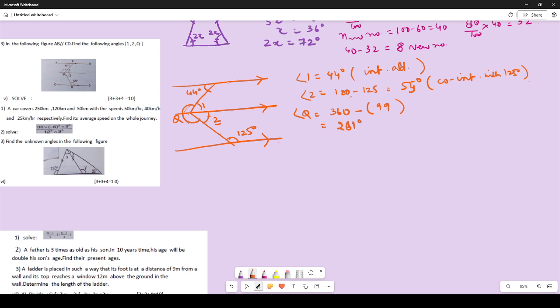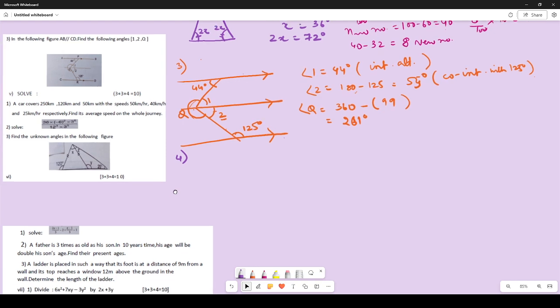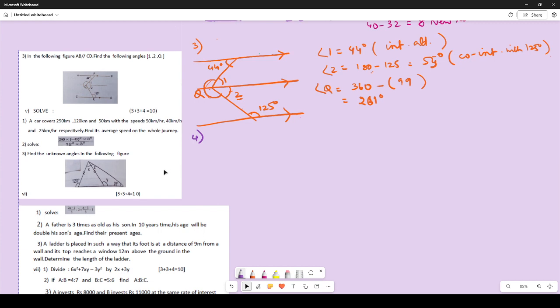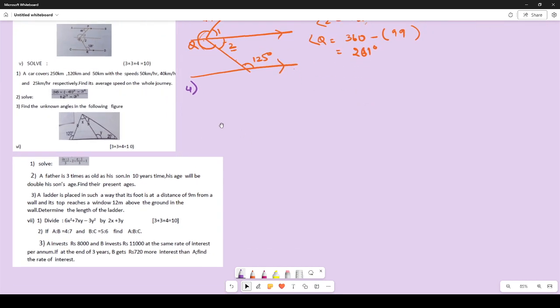Now let us take up, this was question number 3. Now let us take up question number 4 over here. What many of you did incorrectly in this question was that you did not pay attention to the different speeds. Many of you did 250 plus 120 plus 50 divided by 50 plus 40 plus 25. No, it doesn't work that way.